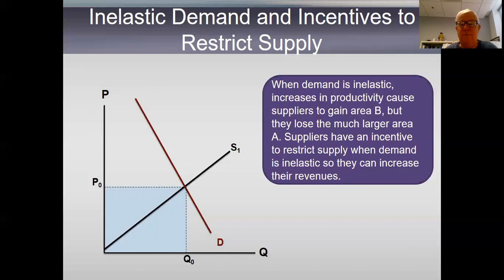Notice it's fairly steep. Increases in productivity, just like we said, are going to affect the market. So we have supply that shifts from S0 to S1 because it's cheaper to produce the product due to those gains in productivity. So what happens to surplus?